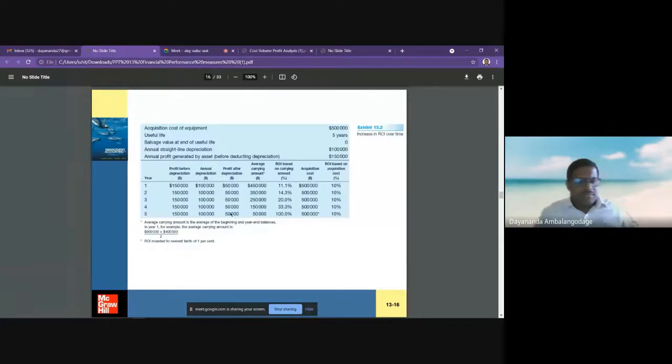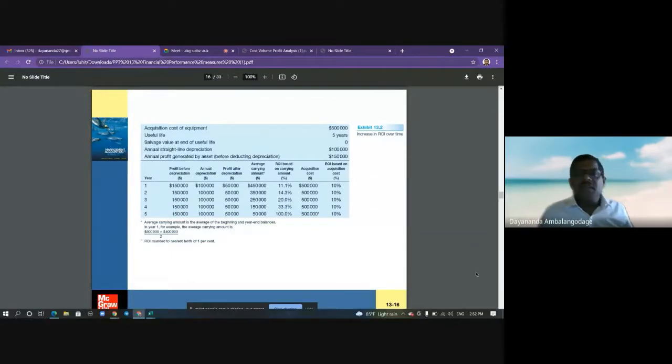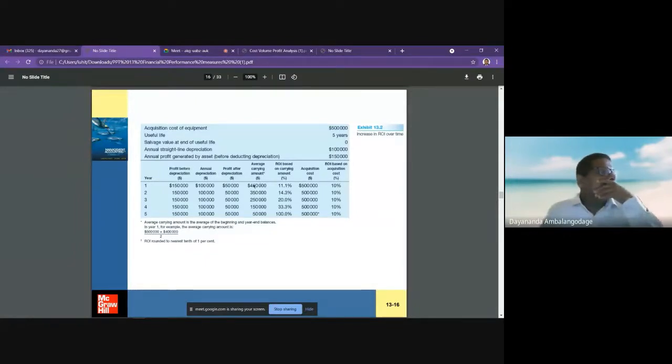So I think it's difficult for you to follow, so shall I explain how to calculate it? Acquisition cost is 500,000. Over 5 years, you divide 500 by 5, and that is the depreciation.